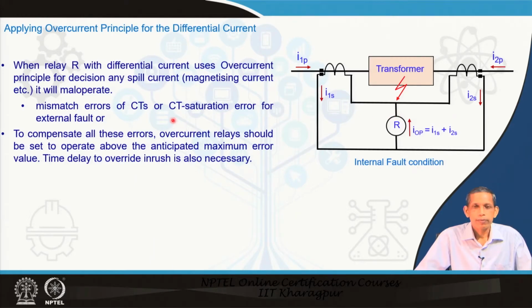In addition, if any CT ratio mismatch is there, which we already calculated in the earlier lecture, then even with no fault, or for an external fault, there will be differential current because of the CT mismatch. These are not internal fault situations, but the differential current will still flow, and that may be significant.